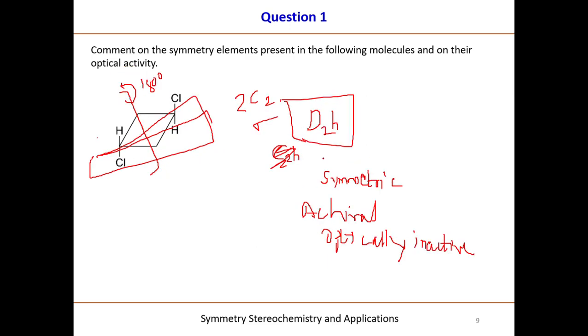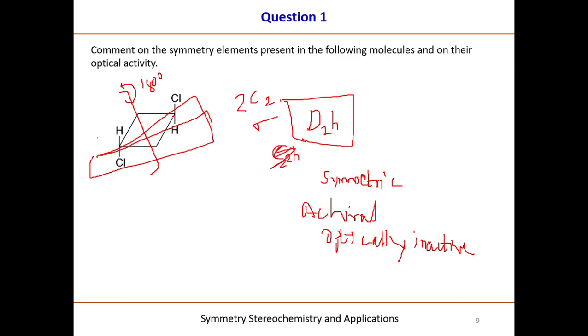Again we have done the other example, trans 1,3-dichlorocyclobutane. In this example, what we have observed, we have both the vertical and horizontal planes, and we observed that two C2 axes were present in this molecule. Because of the presence of the subsidiary and principal axis, we retain here the D group, and because the highest fold of symmetry was 2, we have written D2, and a horizontal plane of symmetry was there.